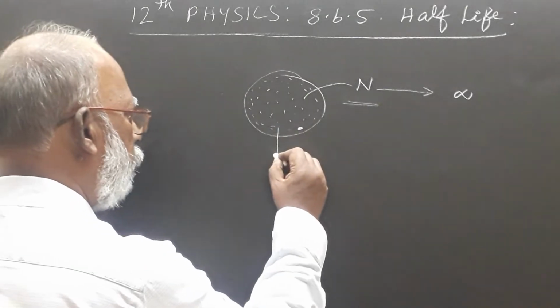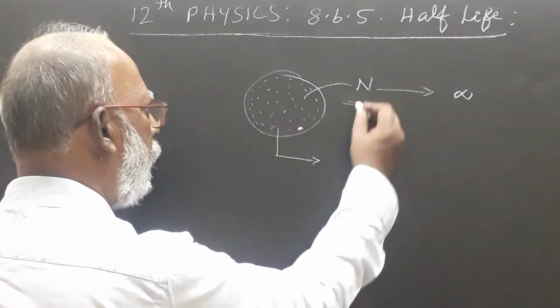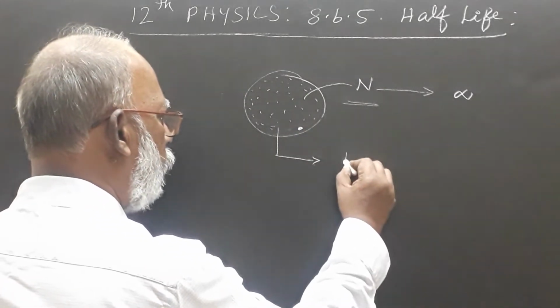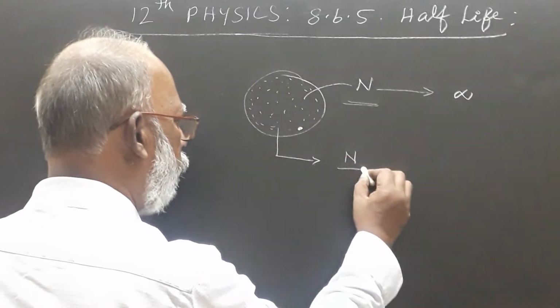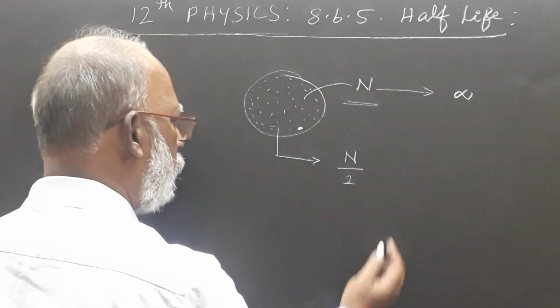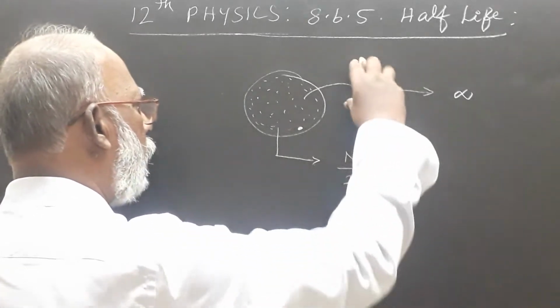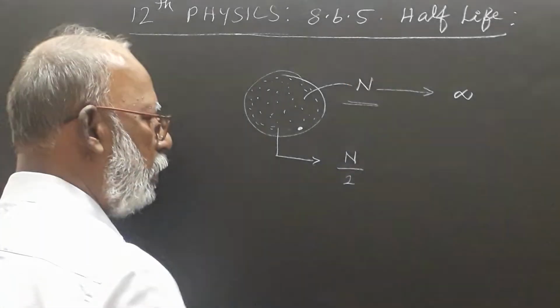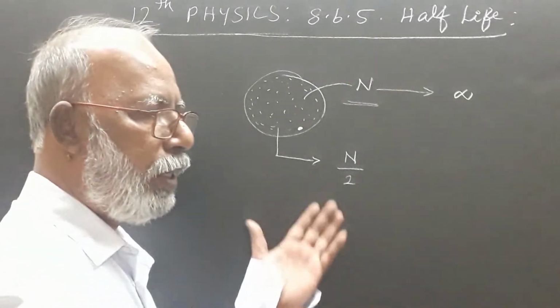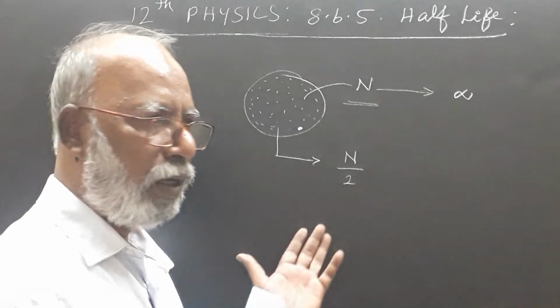Second concept: we can determine any portion or fraction. Suppose you want to find N by 2. The total number of nuclei available here is N, so N by 2 is a fraction of that.